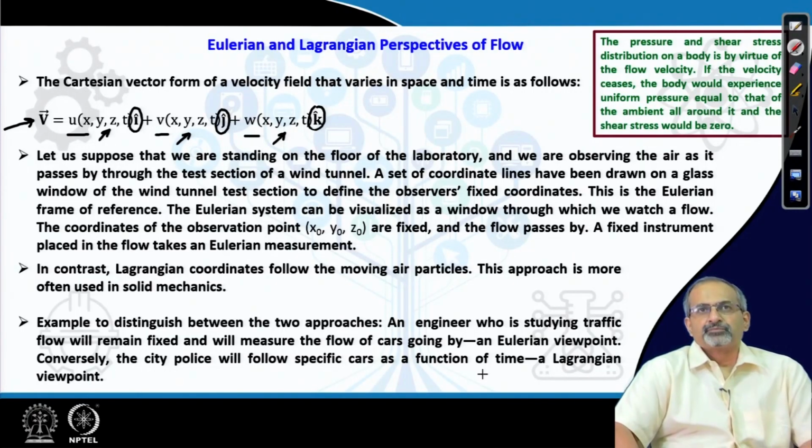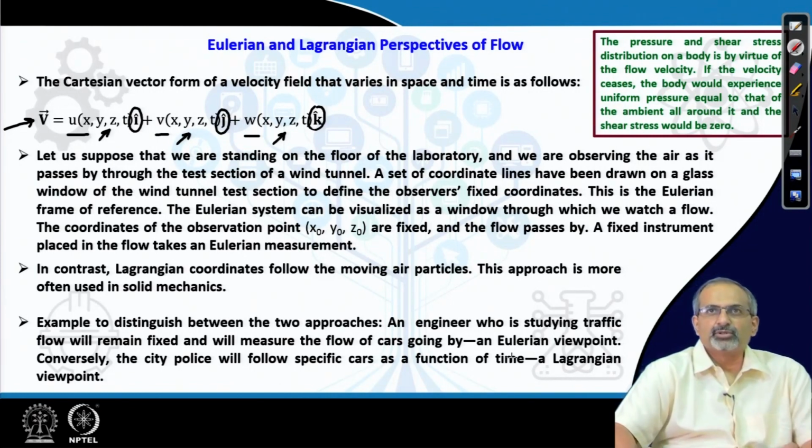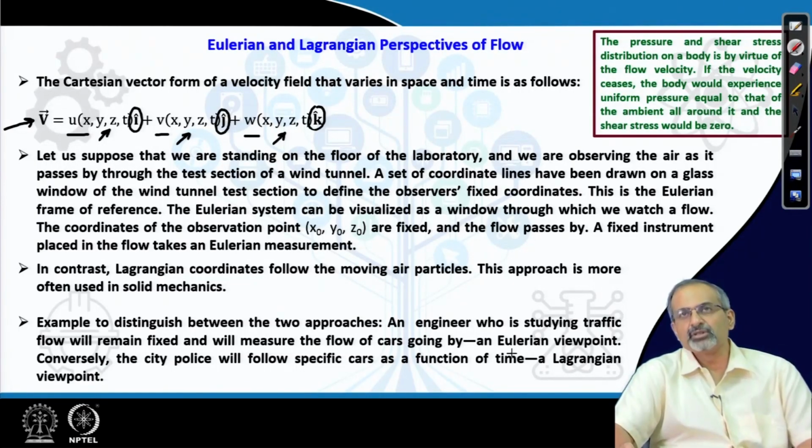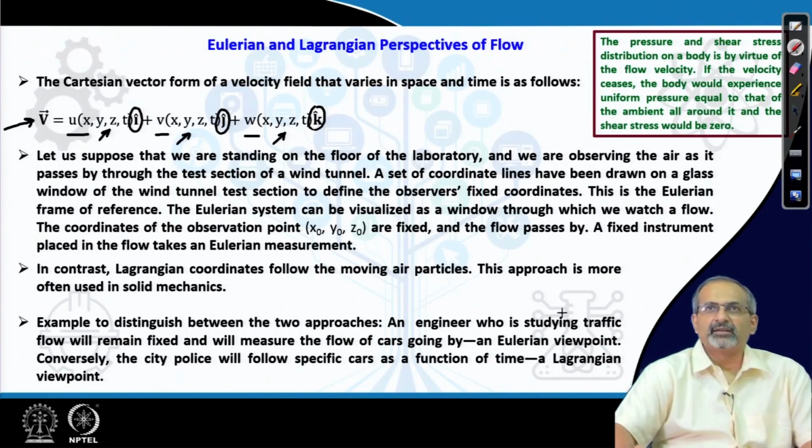Now, till the last lecture, we were mainly emphasizing pressure and shear stress distribution on a body, and we remember that the pressure and shear stress distribution on a body is developed by virtue of the flow velocity. So, if the velocity exists, you have a distribution of these two parameters.